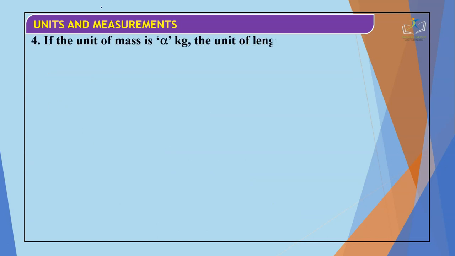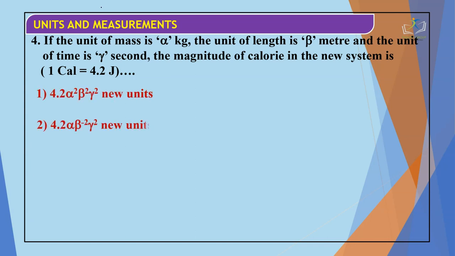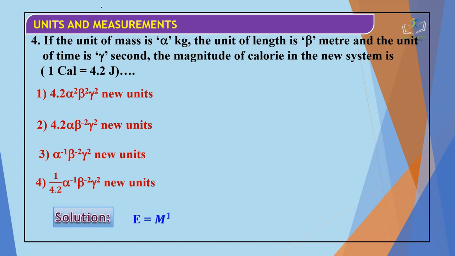Next question: if the unit of mass is alpha kg, the unit of length is beta meters and the unit of time is gamma second, the magnitude of a calorie in the new system is, we have these options. Solution.